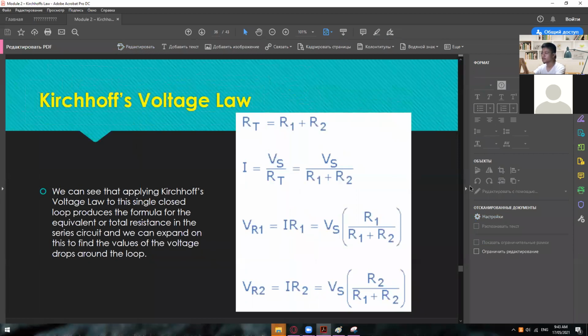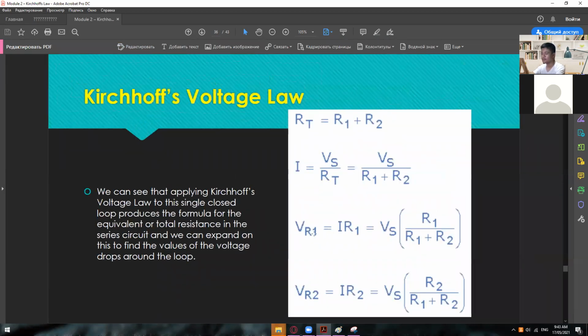Oops, what happened? And then from here, if you want to get the voltage drop of R1, you need I1 times R1, or I times R1. From here, you can change I to V divided by R. So we have Vs divided by R, which is R1 plus R2.